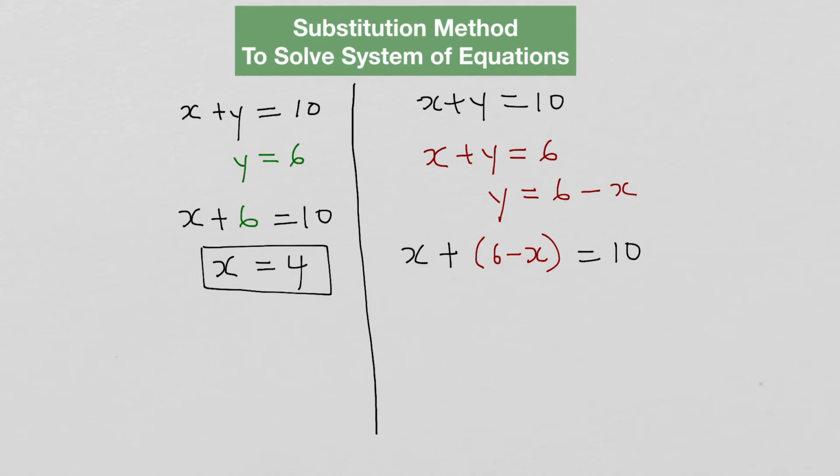Okay? So I'm not going to complete this equation because it's not going to have a solution, but the whole idea was to show you that if you rewrite an equation, you can take the new value and substitute it into the other equation. So I'm going to show you another example where the answer actually comes out to one solution.